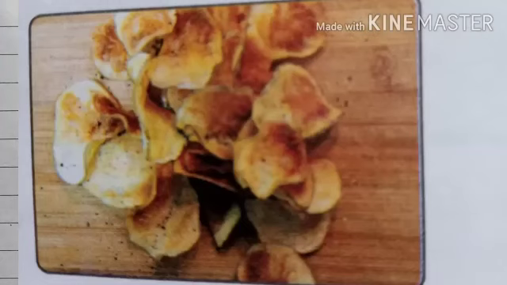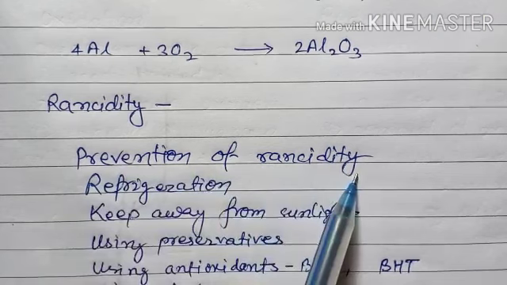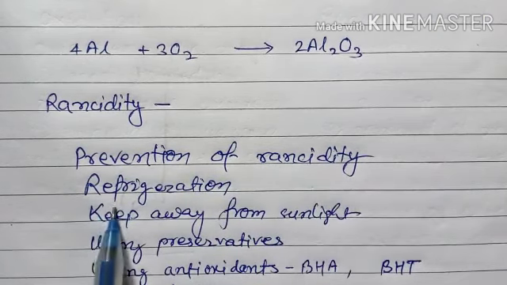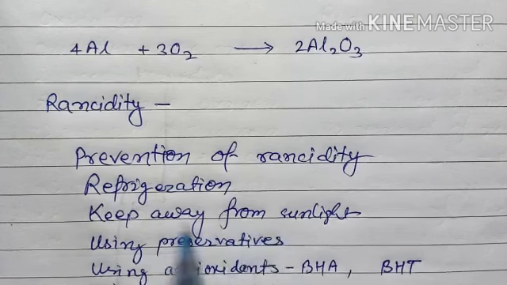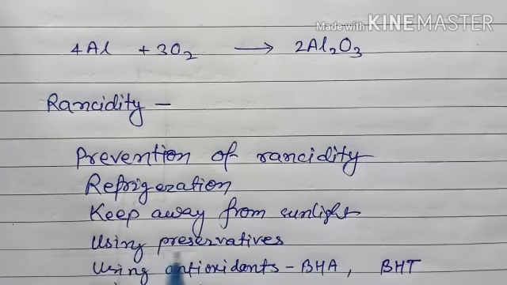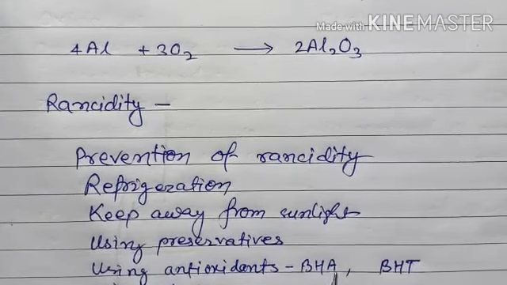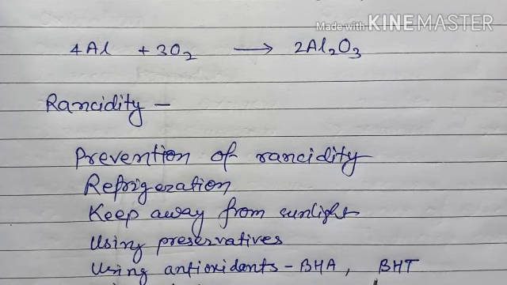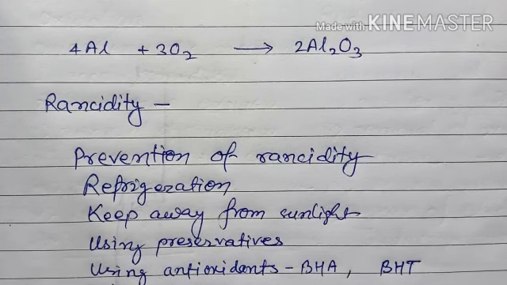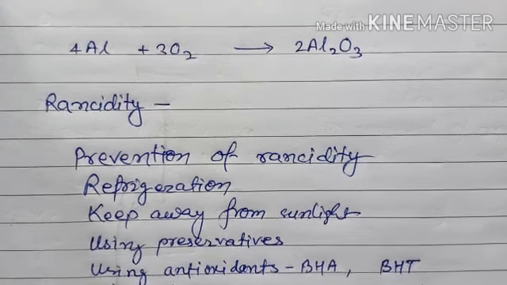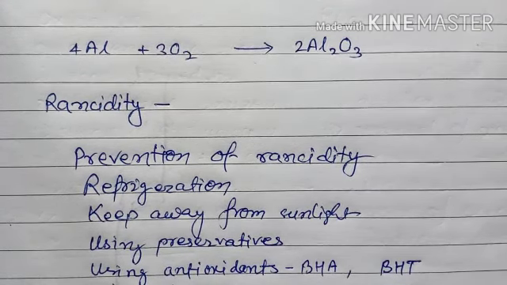And there are some preventive measures of rancidity, and these are refrigeration, keeping the food away from sunlight, using preservatives, and using antioxidants like BHA, whose full form is butylated hydroxyanisole, and BHT, whose full form is butylated hydroxytoluene.